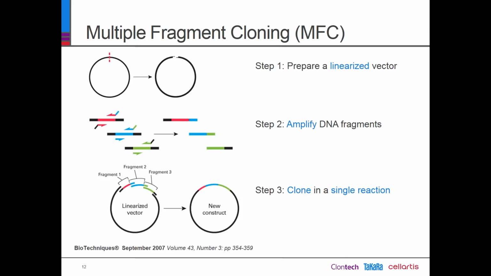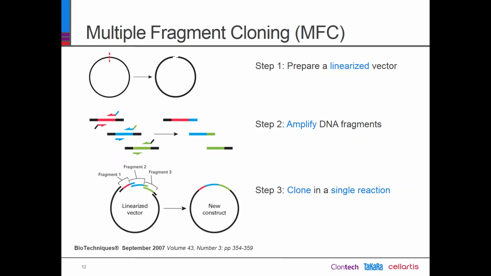In our case, it's usually more than 70% of the clones that are correct. Of course, if you push the system and use 5 or 6 fragments, with each fragment that you add, the efficiency will drop. So you have to find the balance. Or if you do something very special, then you just need to expect to screen a bit more colonies for the correct inserts than before.